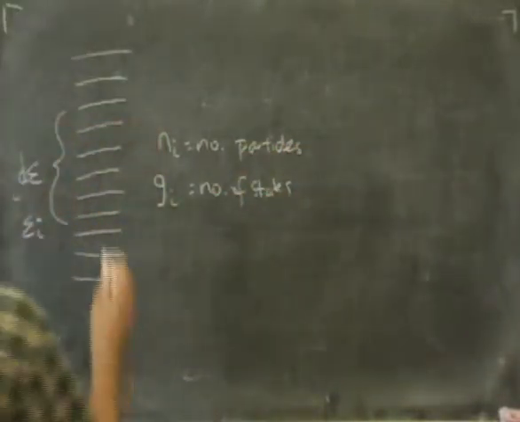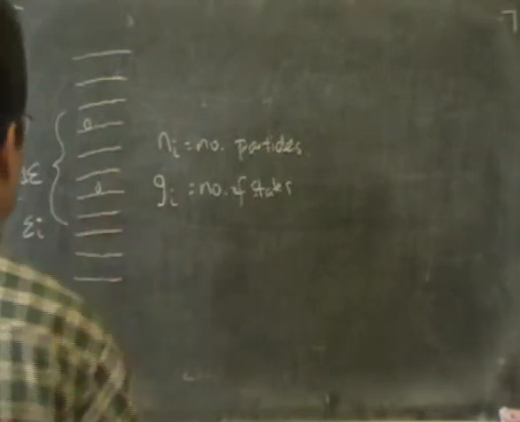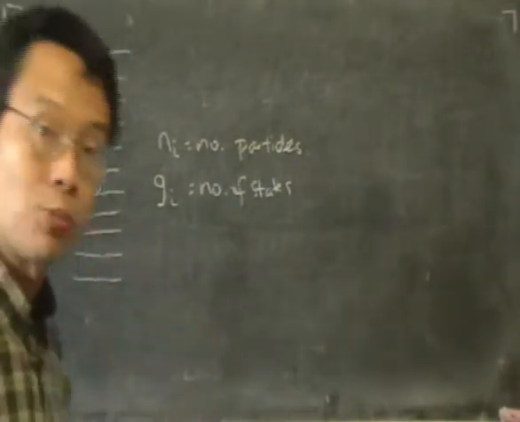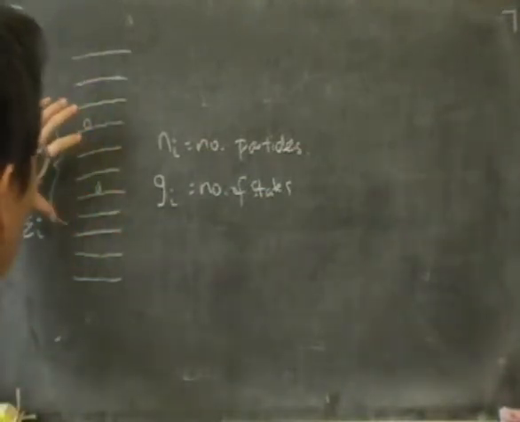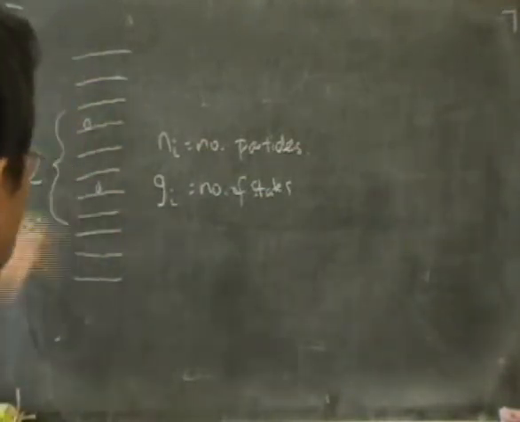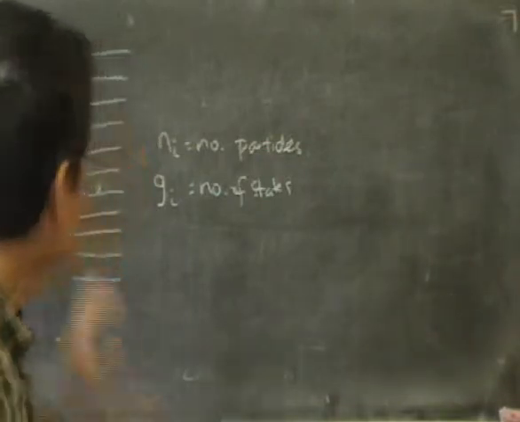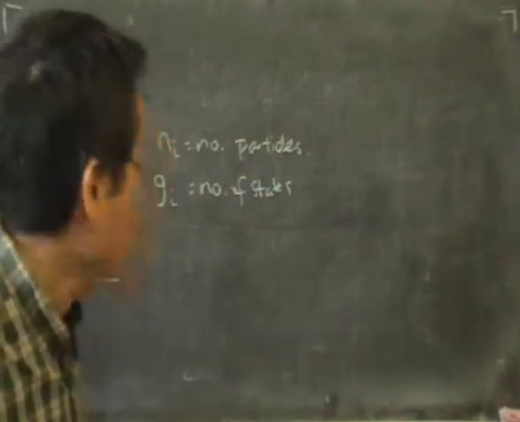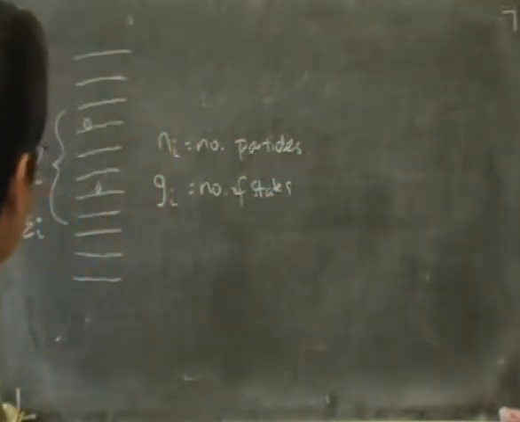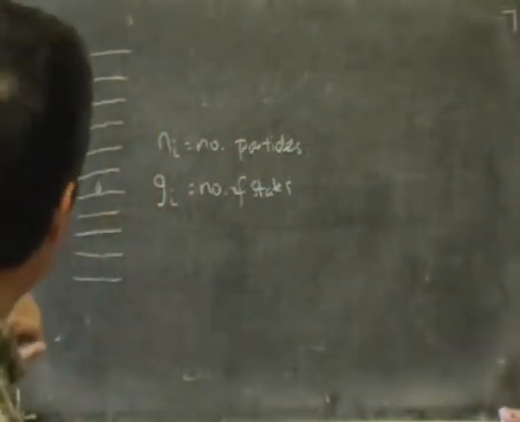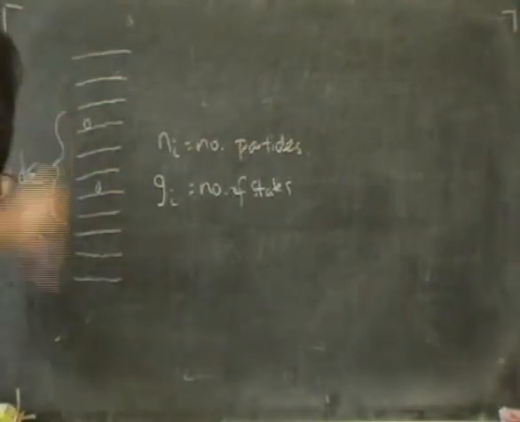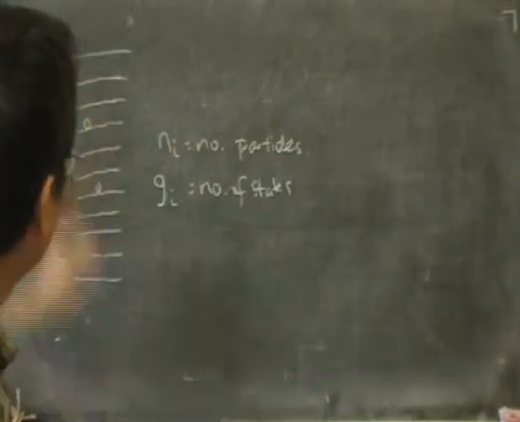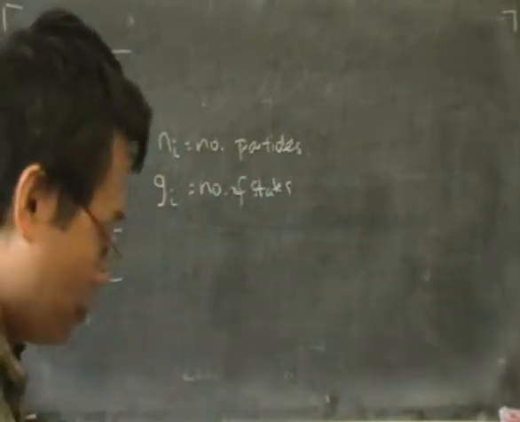Now what we need to do, when there are some particles there, is to write down an expression for the number of ways to arrange these particles among the energy states. And the way to do it is to look at this picture, alright? Look at this interval here and notice that we see little circles and we see lines.